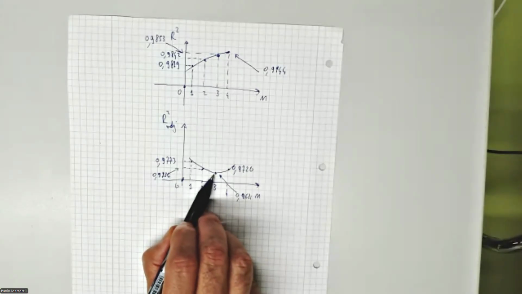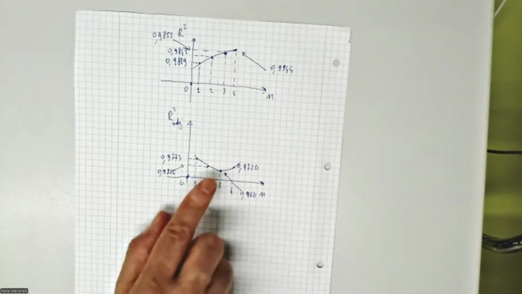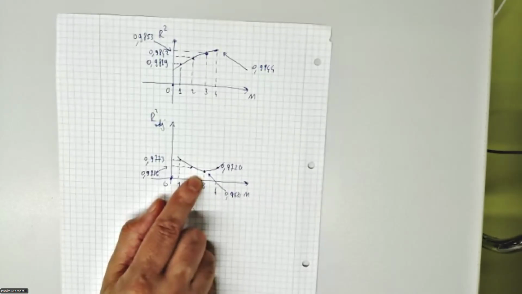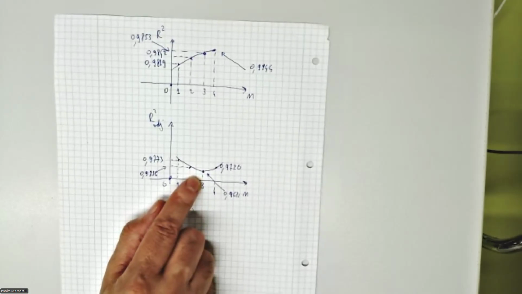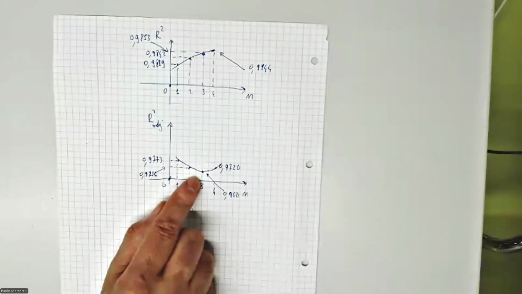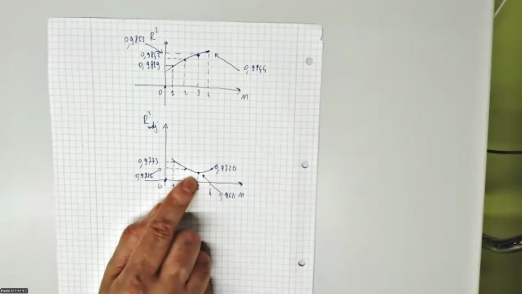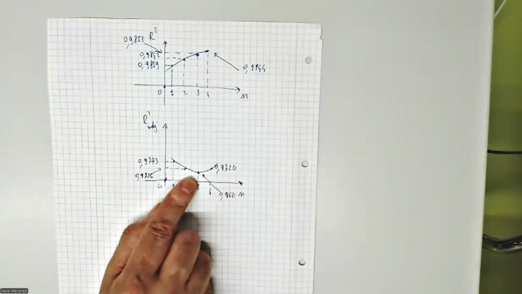And of course, in the sense of the compromise in between, that is what we are looking for. Because here is a compromise between, as I told you, the stochastic error and the deterministic error.